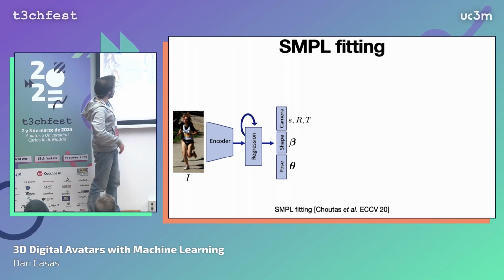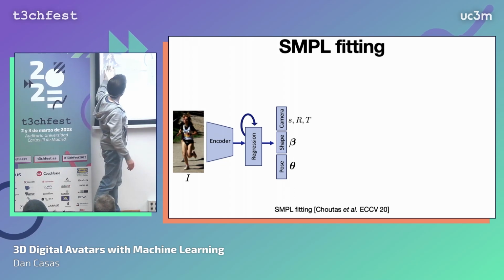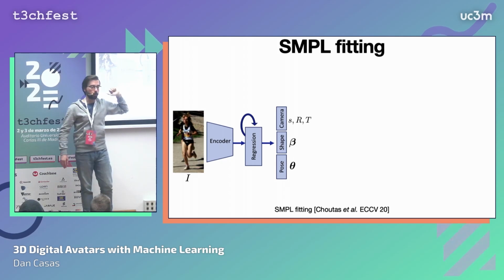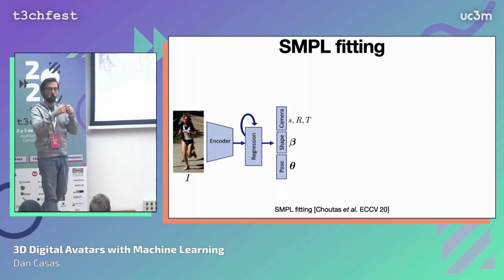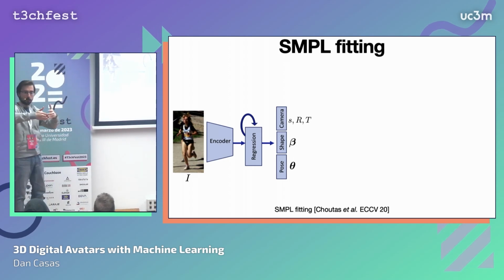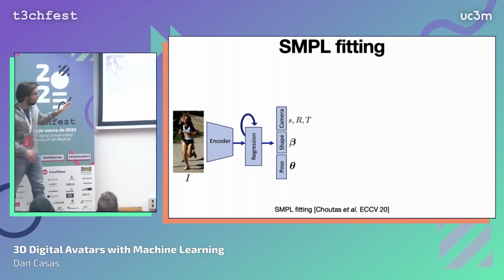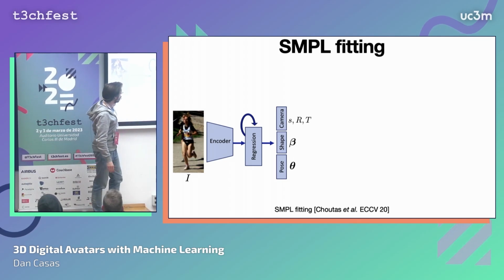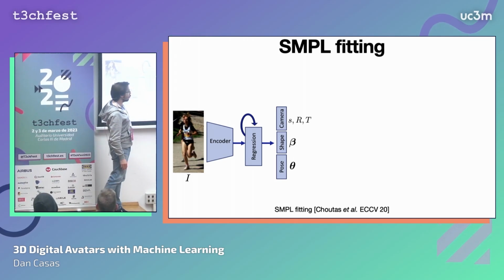So these models output pose, shape, and the camera position where the image was taken. Camera position is important because you look bigger when the camera is closer. Whoever is a little bit familiar with machine learning knows that this is super cool, but the problem here is that we need to train this model, right?